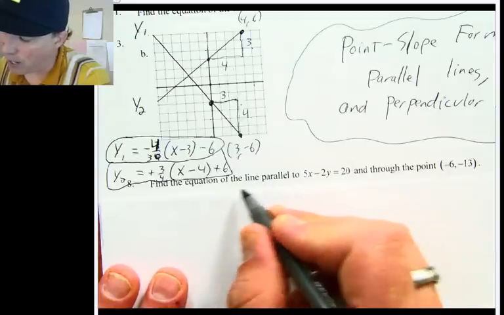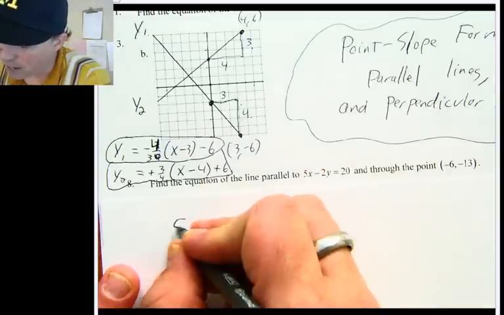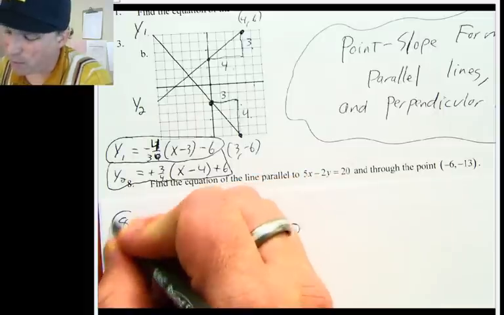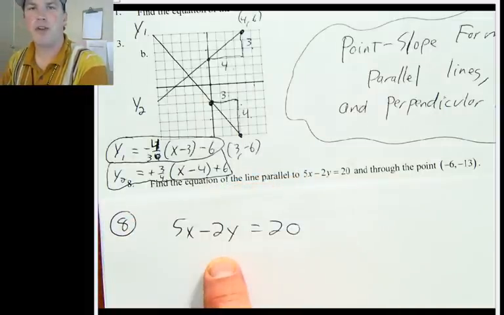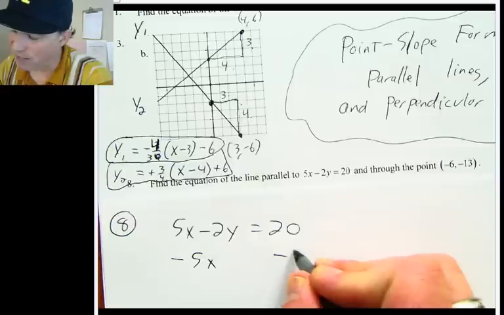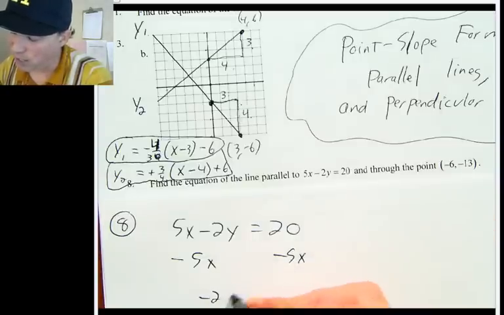In this one, I have a line parallel to this 5x minus 2y equals 20, but in order to find the slope, I need this equation to be solved for y. So I'm first going to subtract 5x from both sides, giving me negative 2y equals negative 5x plus 20.